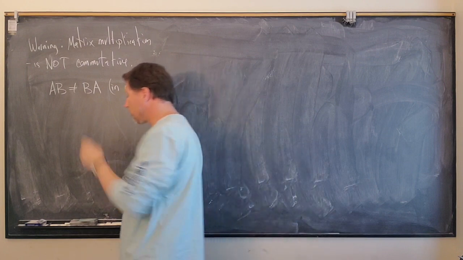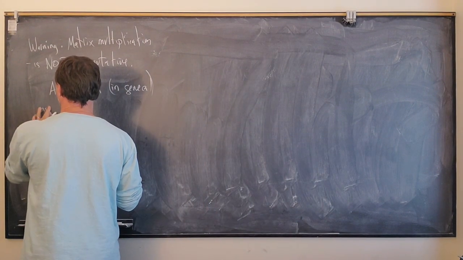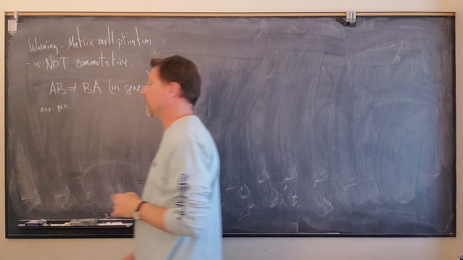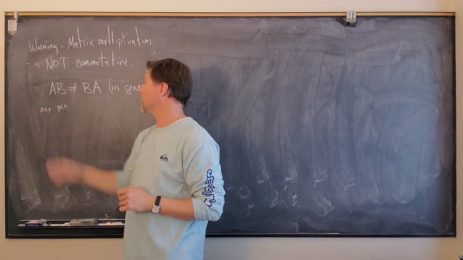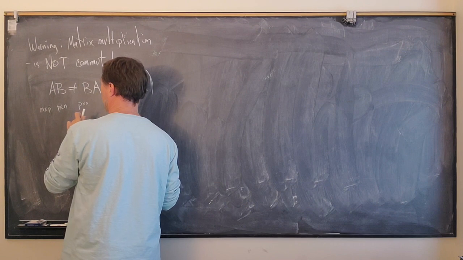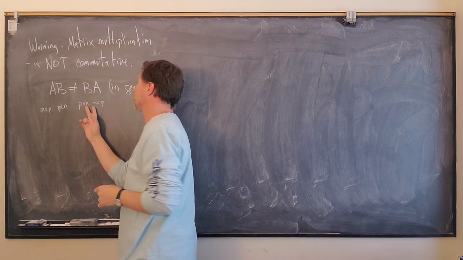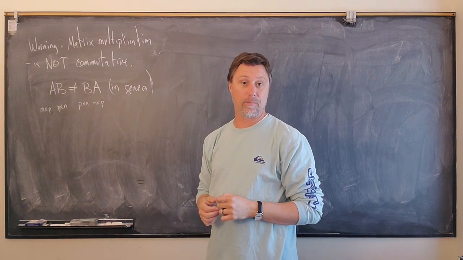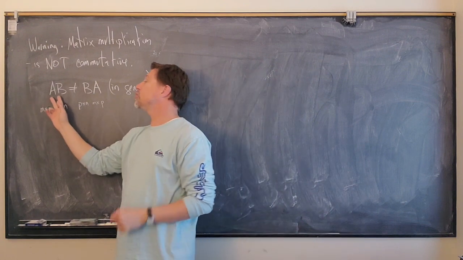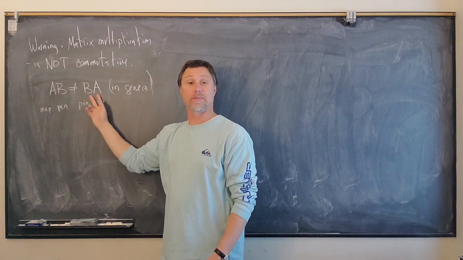For example, if you want to do AB, this would need to be an M by P, and this would need to be a P by N. That's for it to be defined in the AB direction. And so now, if we have a P by N times an M by P, that would tell us, first of all, that we need M equal to N. So, for example, to multiply in opposite orders, you could do a 2 by 4 times a 4 by 2, and then a 4 by 2 times a 2 by 4.